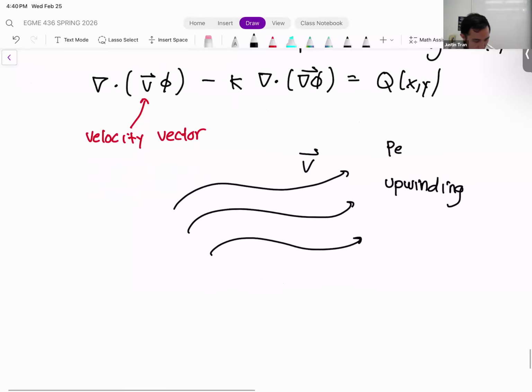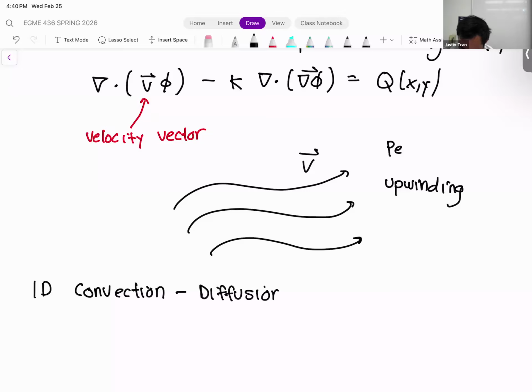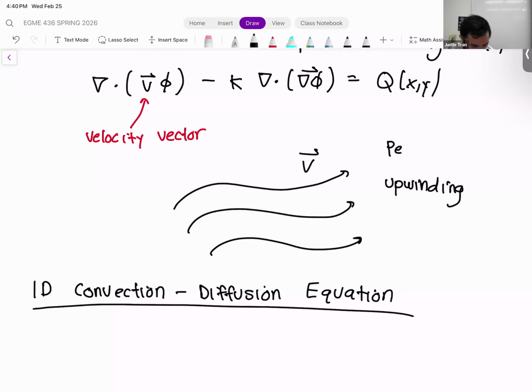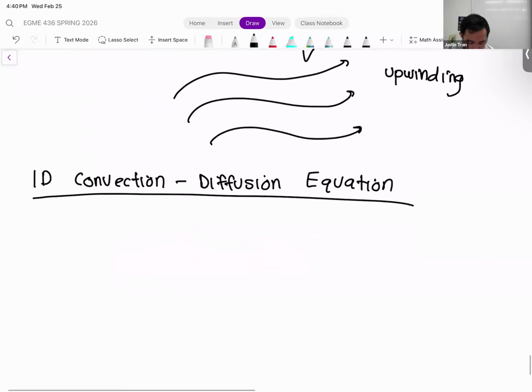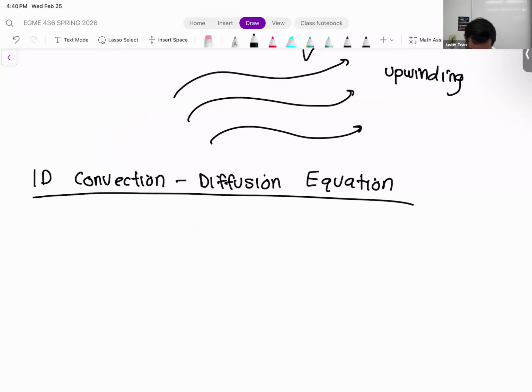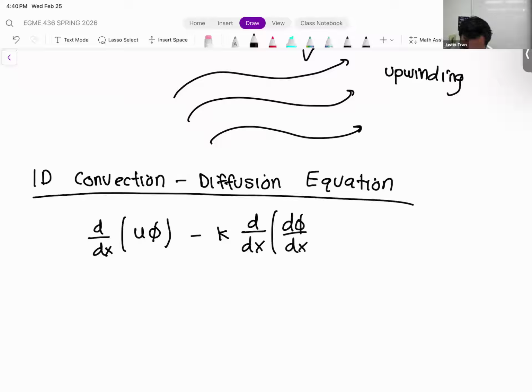Let's start very simple with the 1D convection diffusion equation. Our 1D convection diffusion equation looks like the following: d dx of our fluid velocity u multiplied by phi, minus k d dx of d phi dx, is equal to q of x.